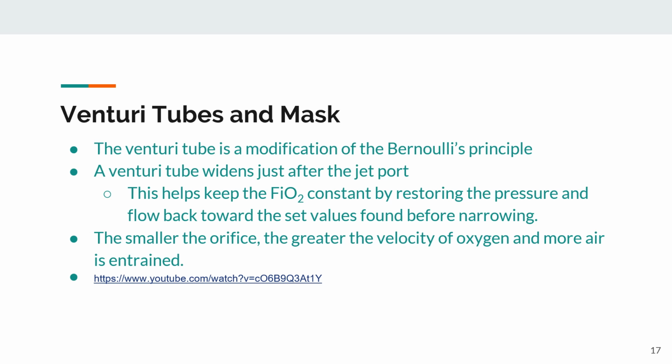So you're still going to have a small amount of FiO2, your oxygen percentage might be 28% or 30%, but it's being carried by a lot of air, so it doesn't necessarily dilute it out because of the way that the Venturi is set up.